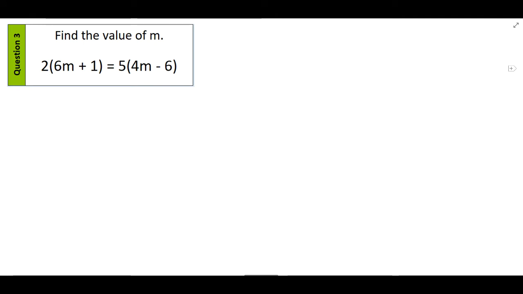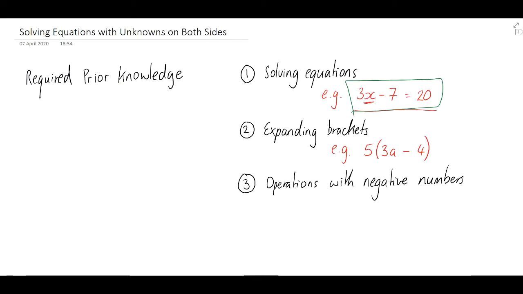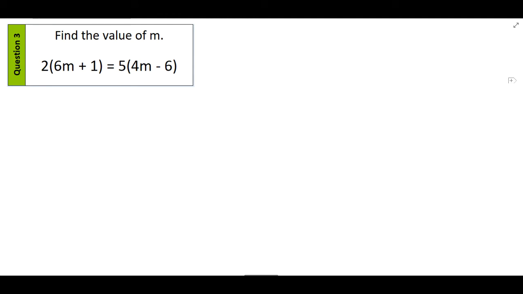Okay, these questions, they look a bit more tricky because they have brackets in them, but you can turn them into a question like question 1 and 2. This is why I said at the start you need to be able to expand brackets, because to turn this into a problem where there aren't any brackets, we're going to expand them.